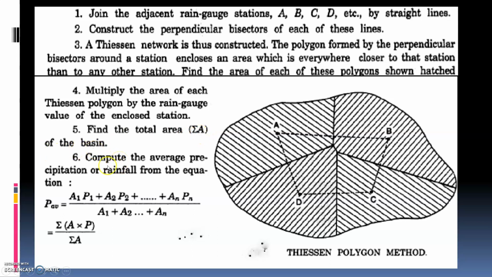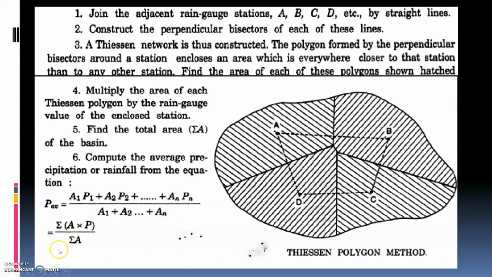Then finally you have to calculate the average precipitation or rainfall from the equation: A1 P1 plus A2 P2 plus A3 P3 plus A4 P4 till An Pn, depending upon the rain gauge stations, divided by A1 plus A2 plus A3 plus A4 like that till An.